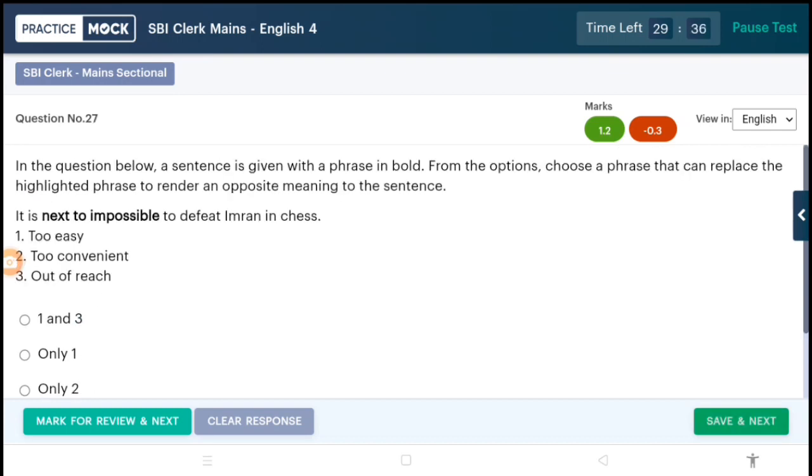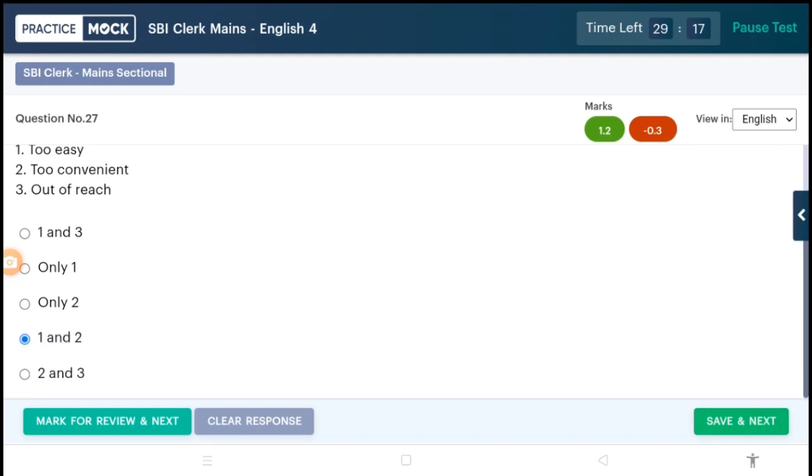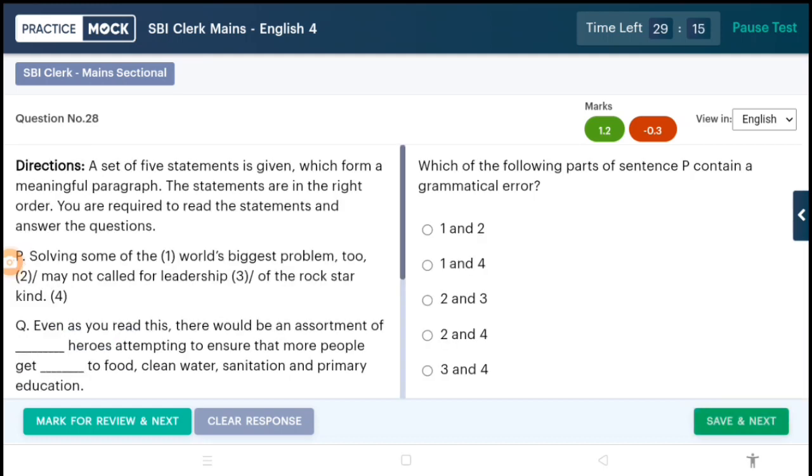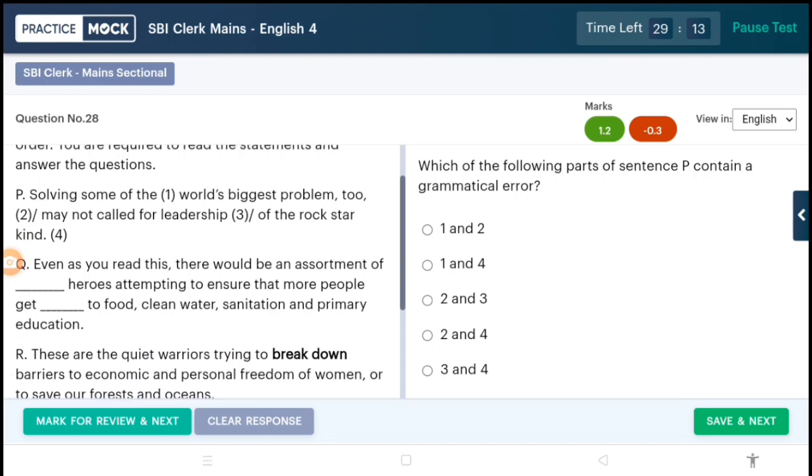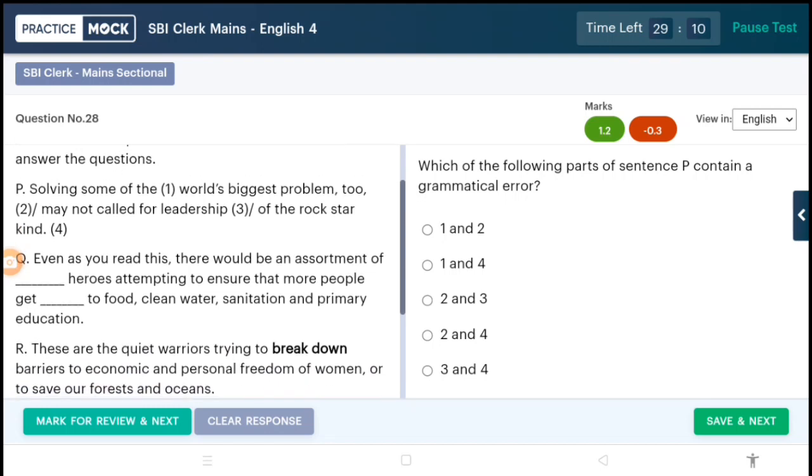Next, it is next to impossible to defeat Imran in chess. I think option 1 and 2. Next, P contains error.